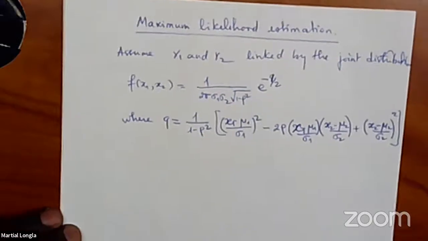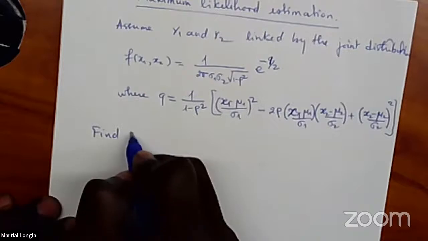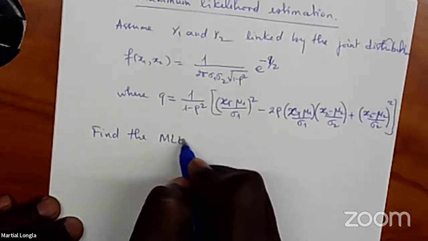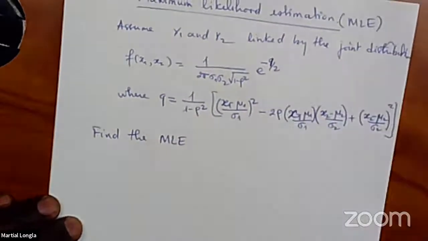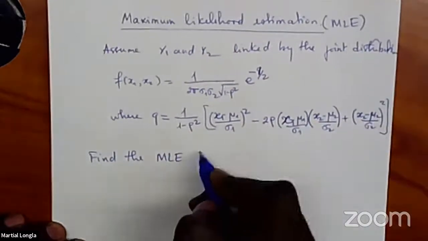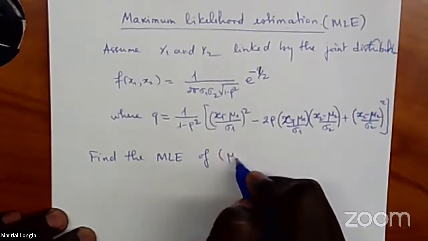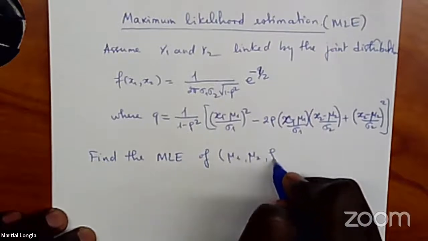And the question could be, find the MLE. This thing is called MLE, maximum likelihood. Find the MLE of mu1, mu2, rho.